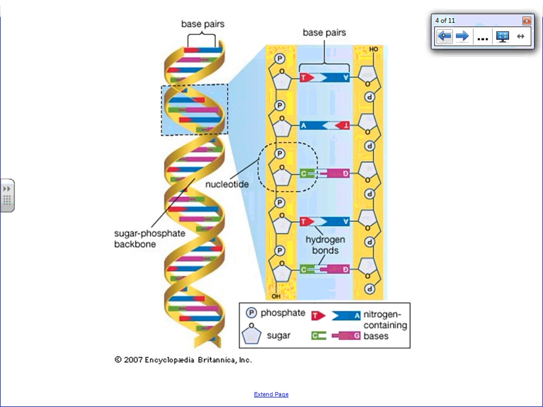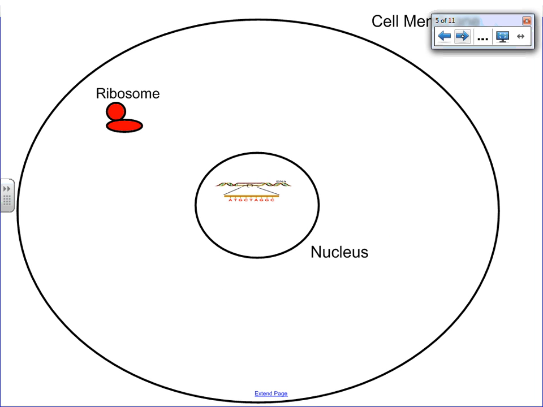But there's a pretty big problem when it comes to DNA encoding proteins, and it has to do with what we learned in the cell unit. If you remember from the cell unit, DNA is inside of the nucleus. But if you have a good memory, you'll remember that the organelle responsible for building proteins is the ribosome. The issue is that the DNA is inside the nucleus, but the ribosomes are not.